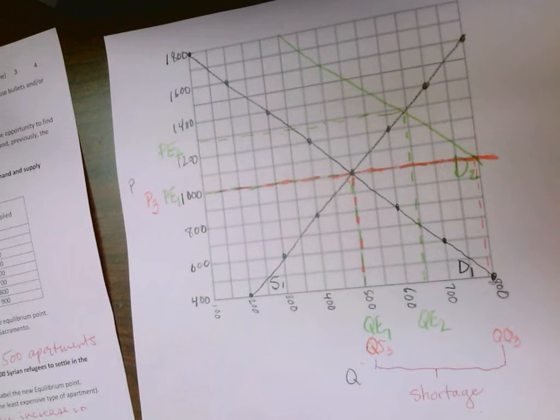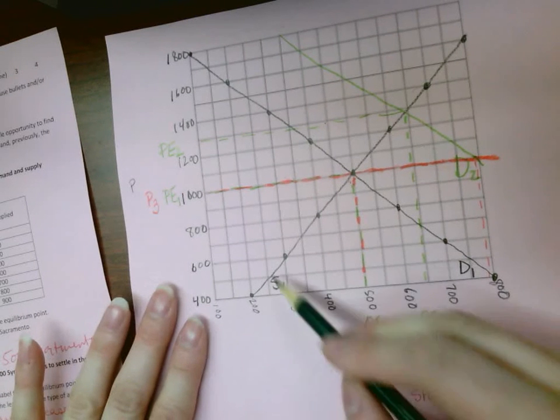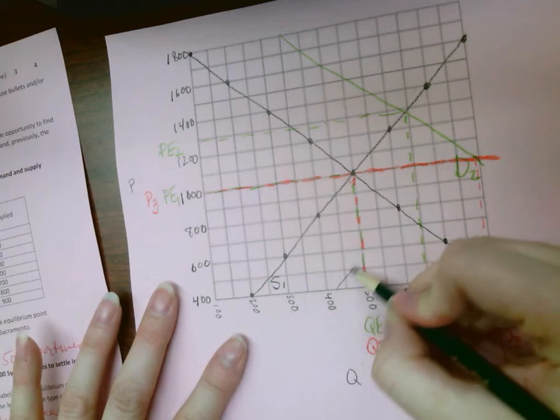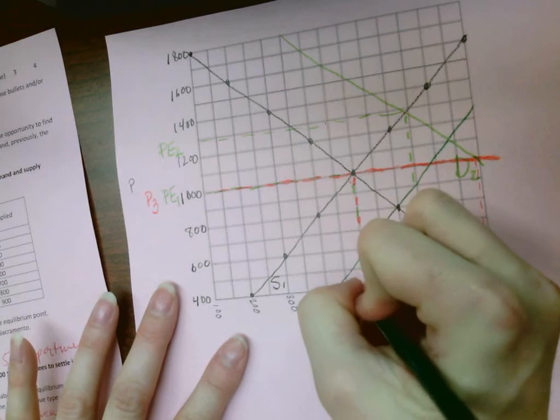So, over here, we need to increase the supply. I'm going to have to use a new color. Here we go. Here's our old supply curve. To increase it, we take it to the right. So here's our new supply curve.